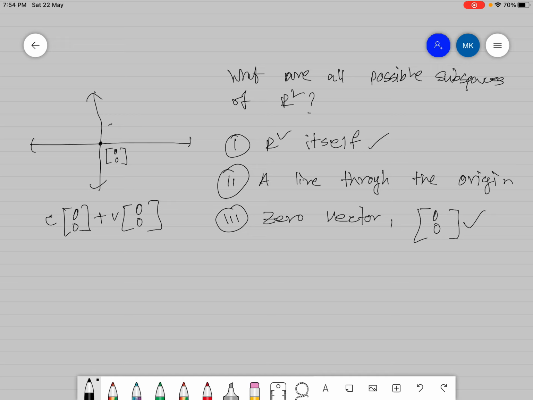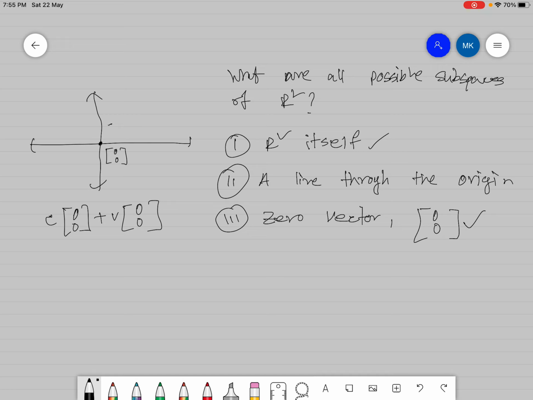So can you tell me what are all the possible subspaces of R3? By the way, the conditions to be a vector subspace are the same as the conditions to be a vector space as well.